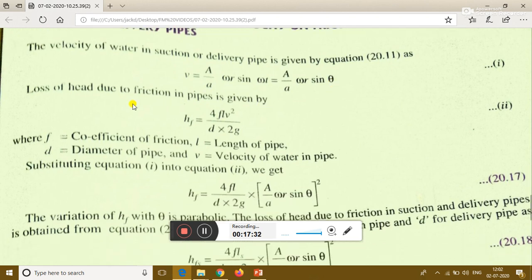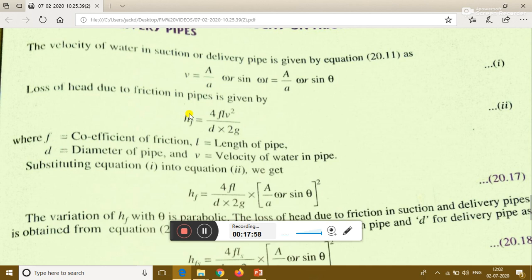Then loss of head due to friction in the pipe is given by the following. Since this flow is not a laminar flow, we have to use the Darcy-Weisbach equation, which is h_f equal to 4 f L V square by D into 2g. The flow is not laminar, it is simple harmonic, almost a vibratory kind of motion.